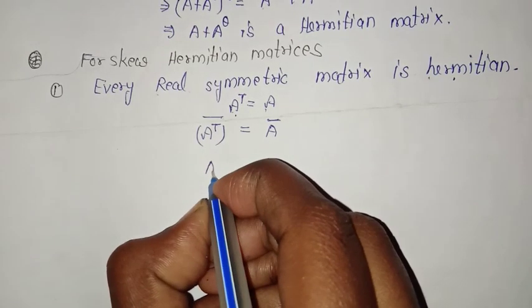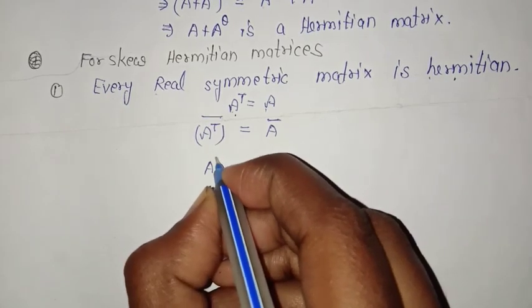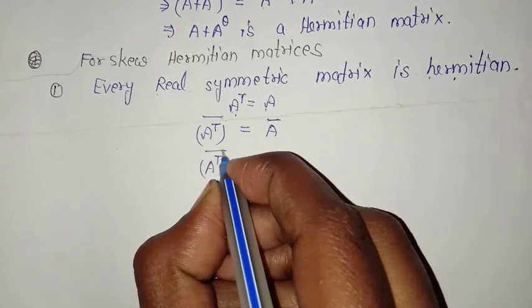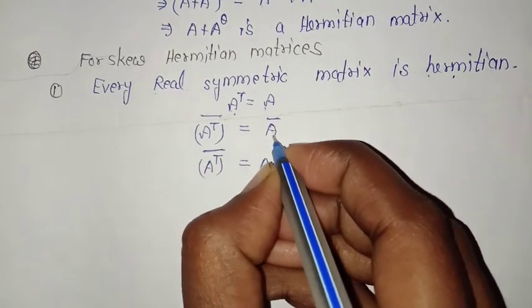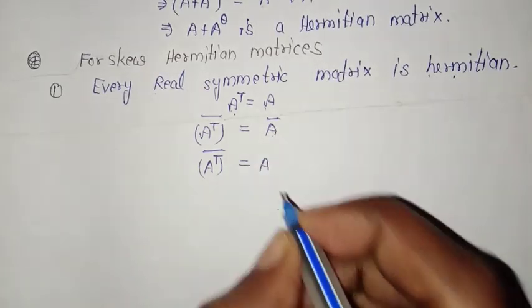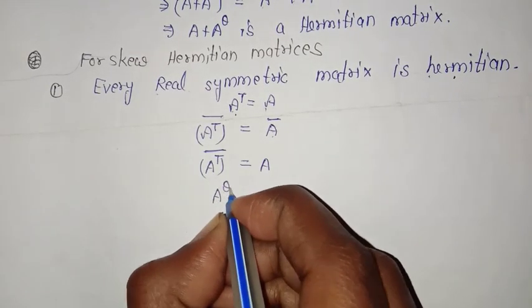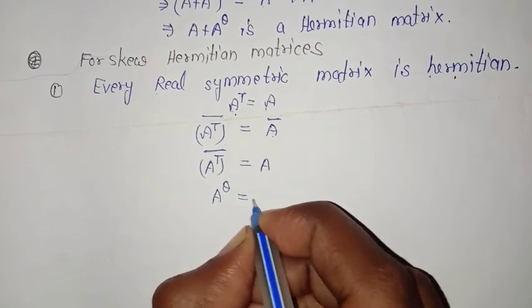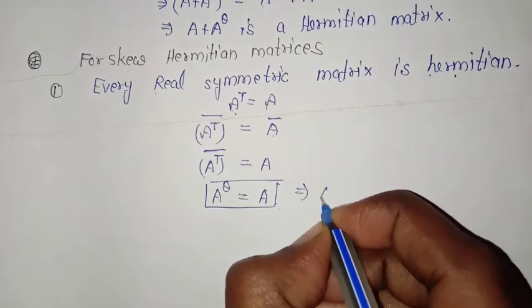So we can express it like A transpose conjugate is equal to A, because A is a real symmetric matrix, so A bar must be equal to A. So from here what can we say? That the conjugate transpose of A is equal to A, and this implies that A is a Hermitian matrix.